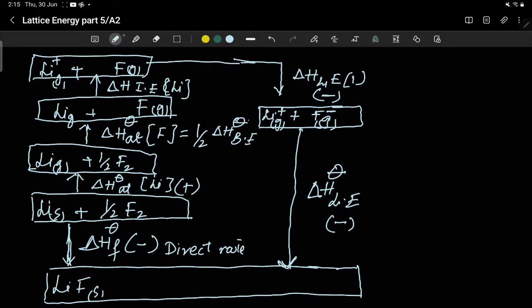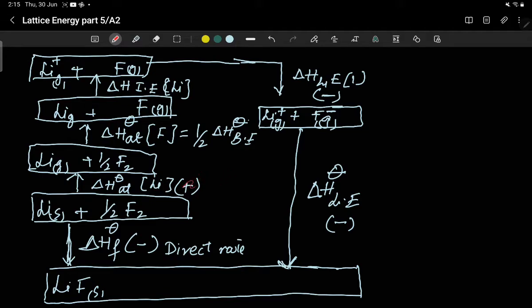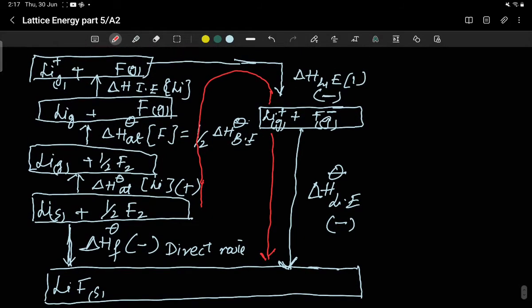This is the indirect route. So this is how to construct the Born-Haber cycle to calculate the lattice energy of lithium.